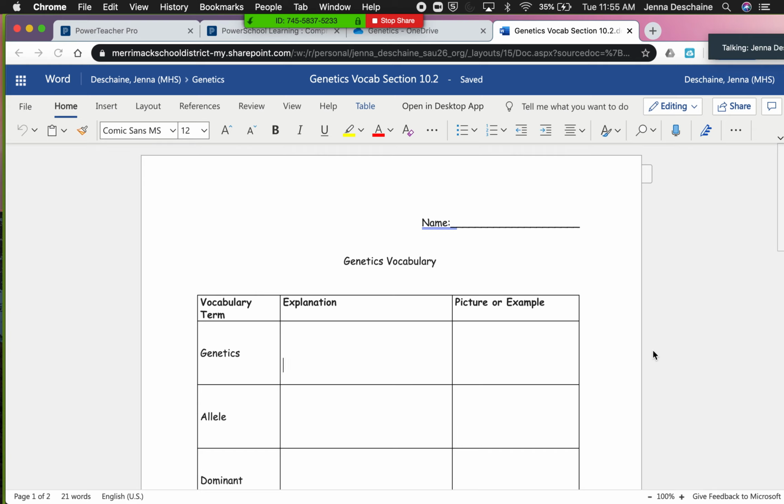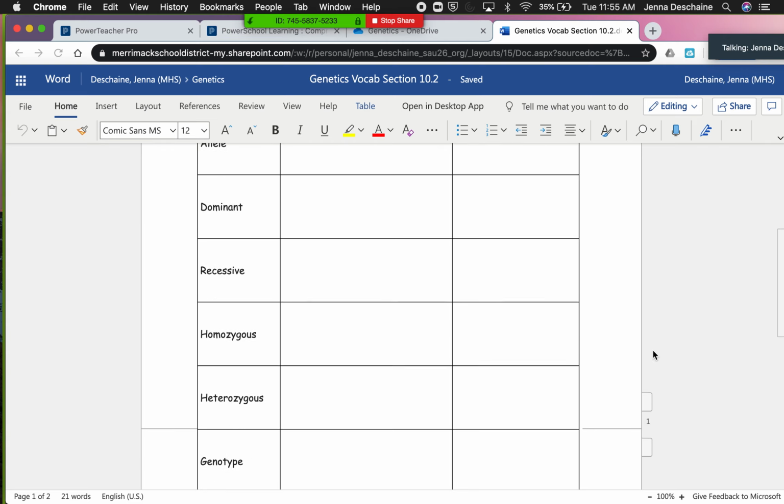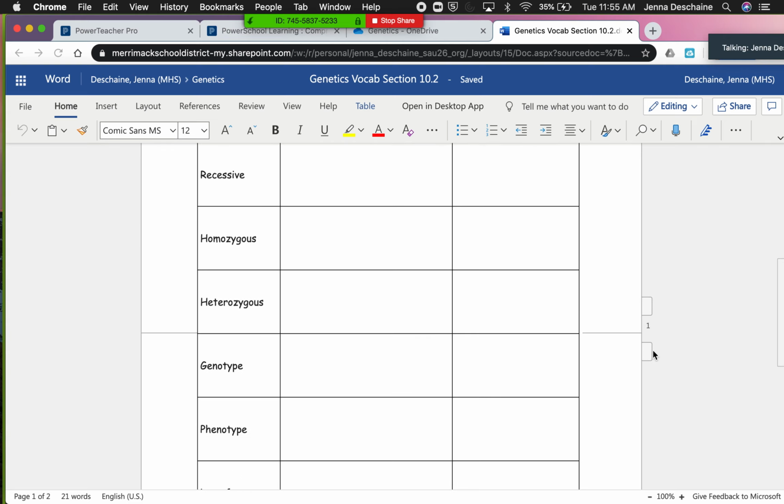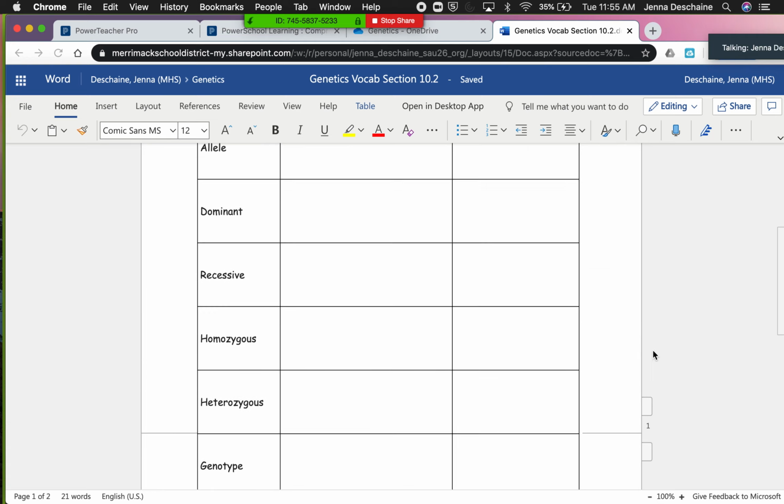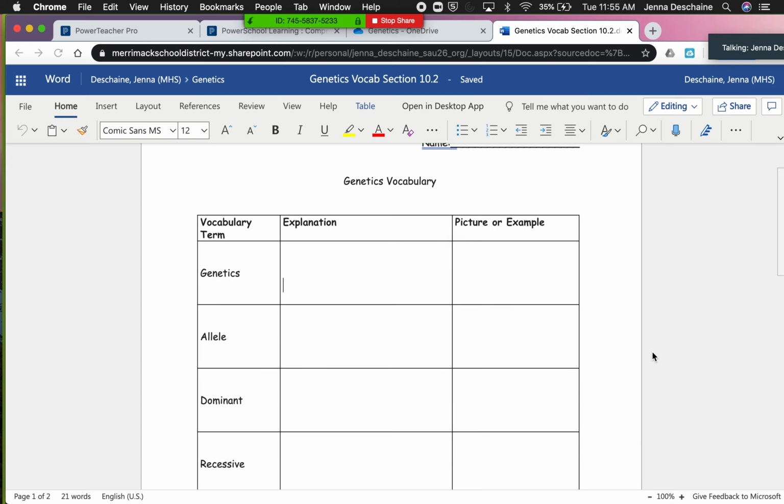So for this lesson, I wanted to go over some of the vocabulary terms that you guys were working with on Monday because I think right now these are kind of just meaningless words, and I hope to kind of shed some light on the meaning to some of these and how we're going to be using them. Okay? So let's get right into it, starting off with genetics.